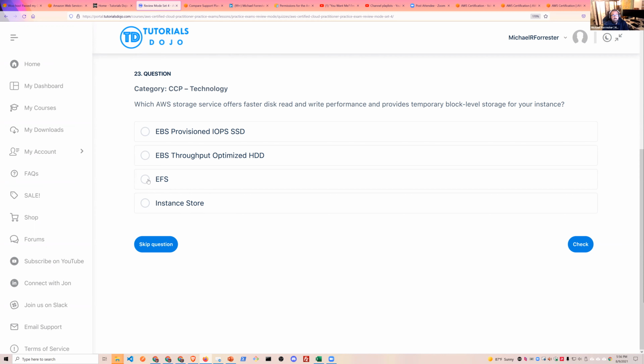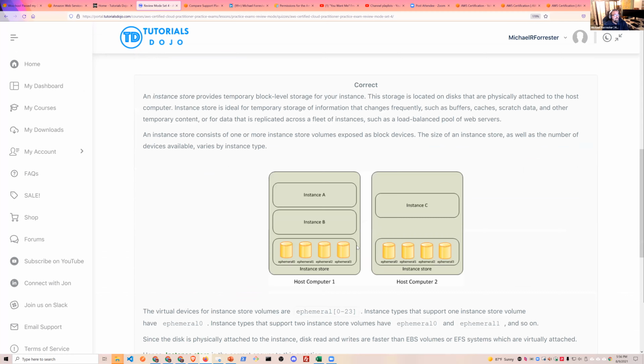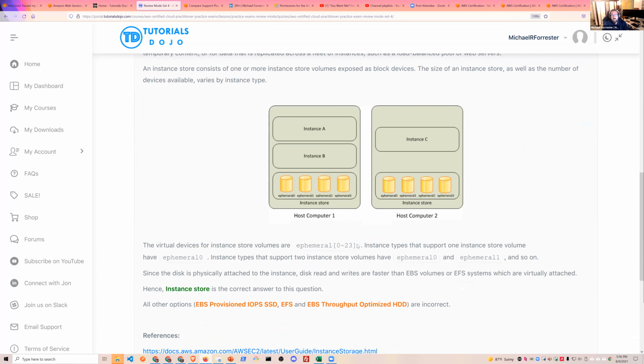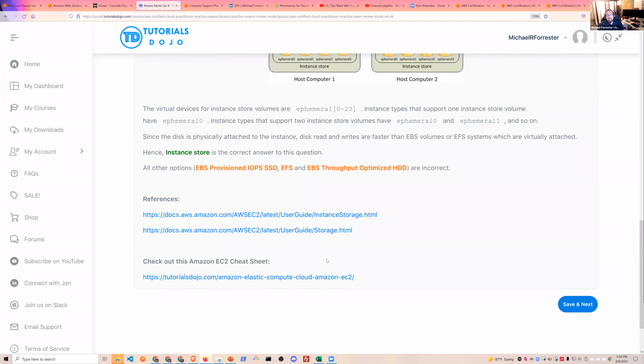So EBS and EFS are definitely persistent permanent storage, but instance store is the culprit because it provides super fast storage, but it's ephemeral. If that instance crashes, that data is gone. But I think you can get 185,000 random IO per second out of an instance store because it's NVMe RAM. So it's ridiculously fast. In general, don't use instance storage unless you're just using it for scratch or a temporary directory. Don't use it to store permanent data.